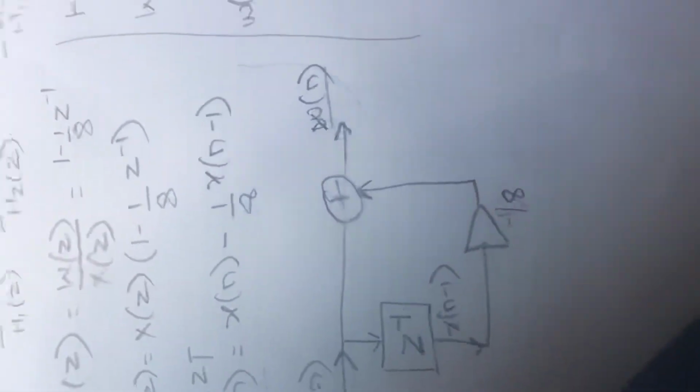Again taking the inverse z transform, we'll have W of n is equal to y of n minus half y of n minus 1 minus 1 by 4 y of n minus 2, since it is multiplied by z raised to minus 2. Now again we have to realize it in the same way in which we did this.